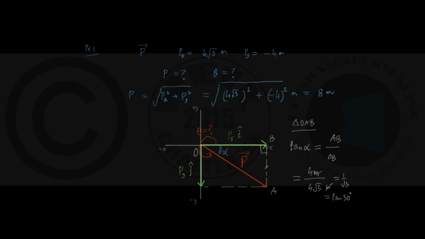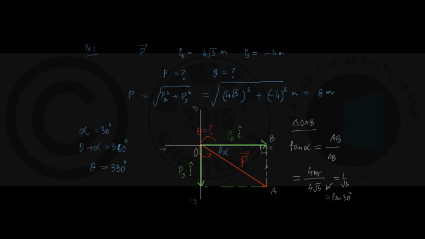So we conclude that the value of alpha in our figure is 30 degree, and since theta plus alpha, as the figure clearly shows, is 360 degree, the angle which we are looking for is 330 degree.